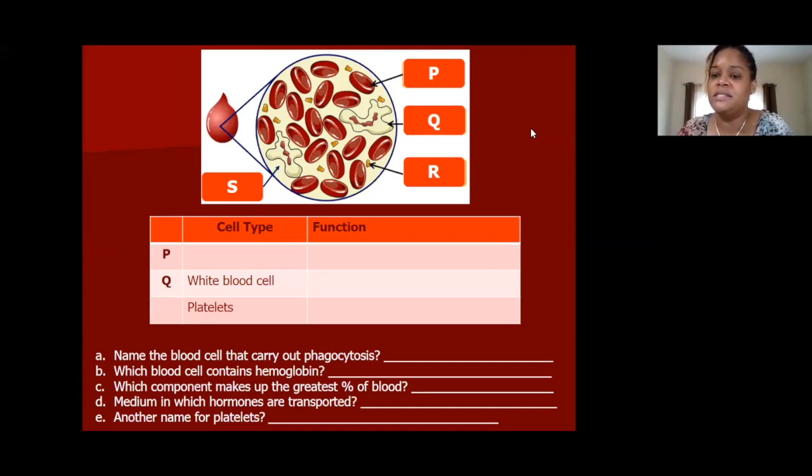Any questions? Okay, Camellia, lymphocytes, I wouldn't say lymphocytes provide long-term protection.